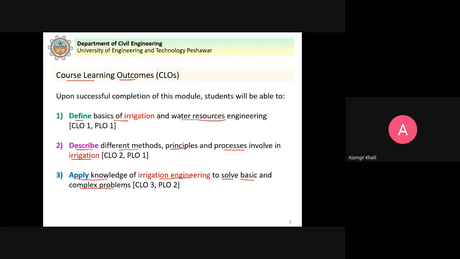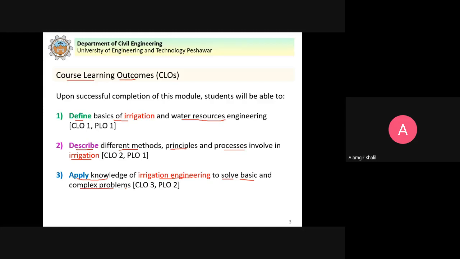For example, what are the sources available, how we can develop an irrigation project. For example, you have an agricultural land. For that, we need to supply the water.